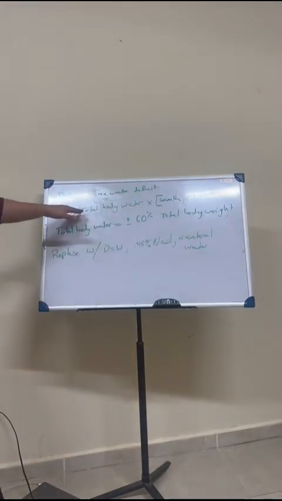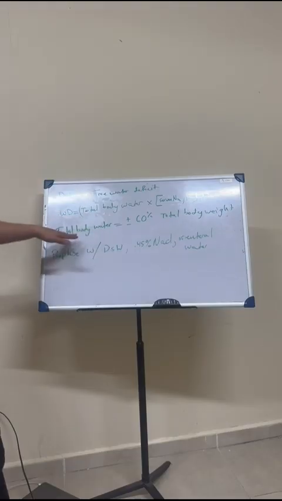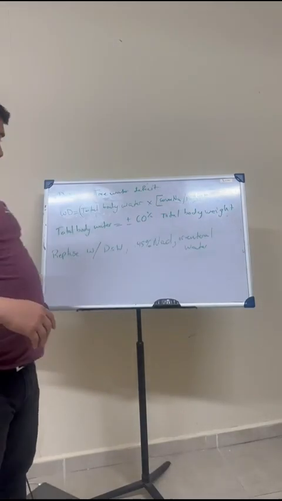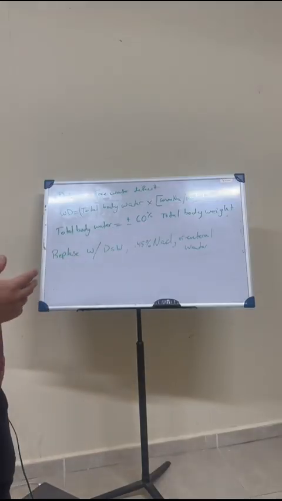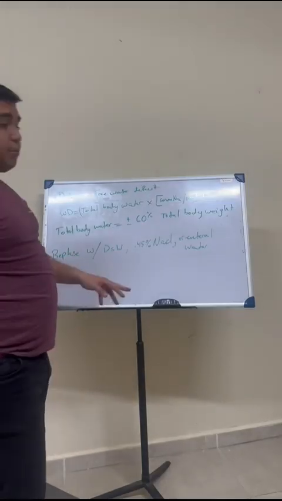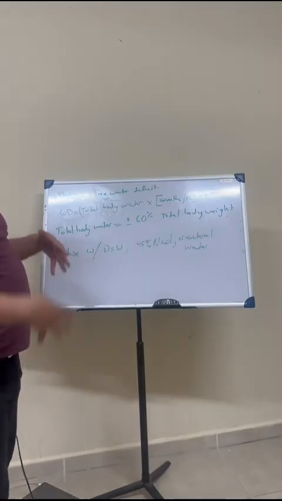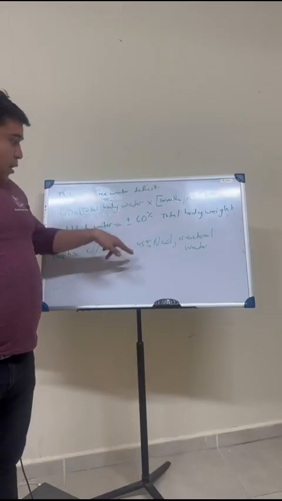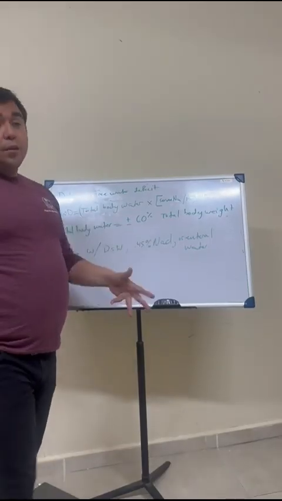So that's the formula that you use to determine the water deficit. The total body water is plus or minus 60% of the total body weight. And I misspelled replace. So you replace that water deficit with D5W, half normal saline, or enteral water.